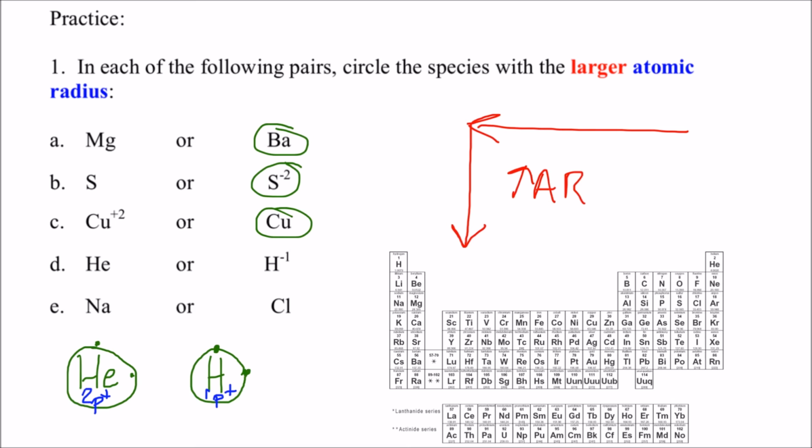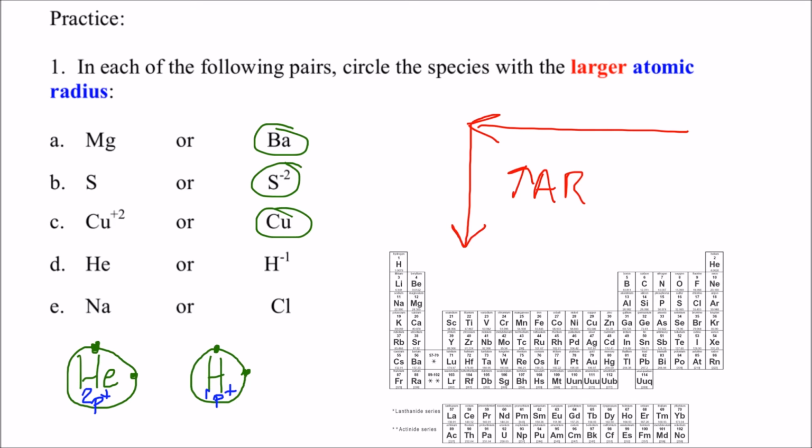So these two things have the same number of electrons, they have the same number of energy levels, but what's different is the number of protons that they have. Helium has 2 protons pulling on these 2 electrons, which means that they're going to be pulled in and kind of cancel each other out.